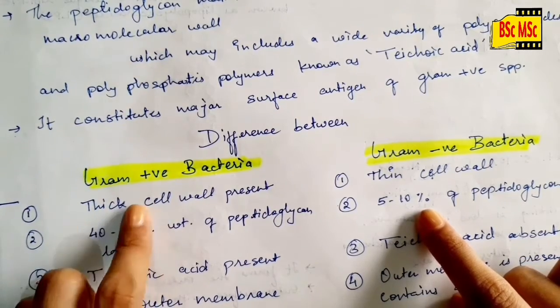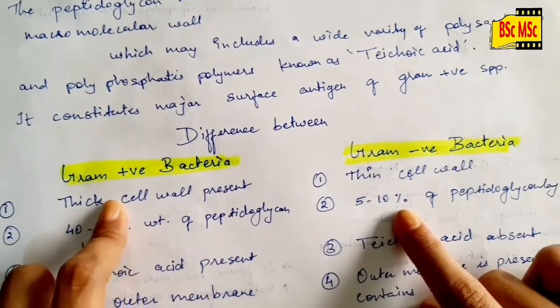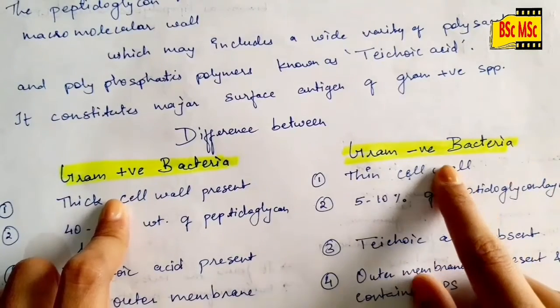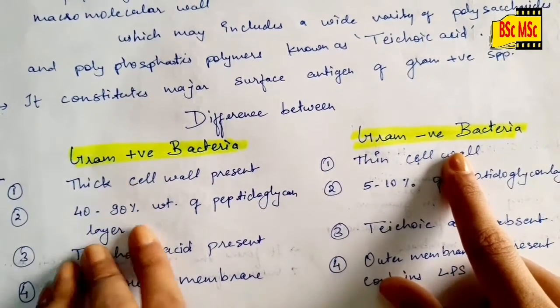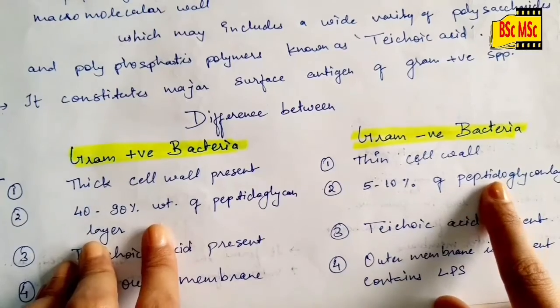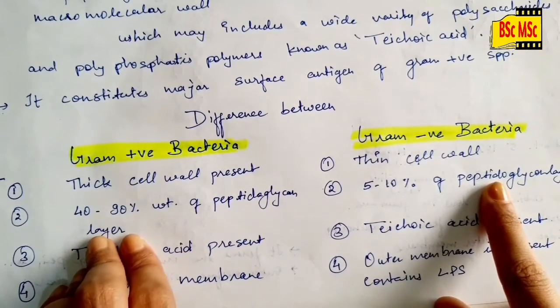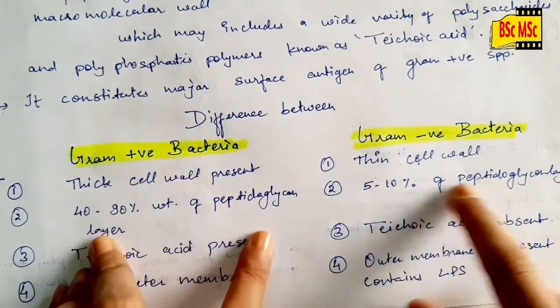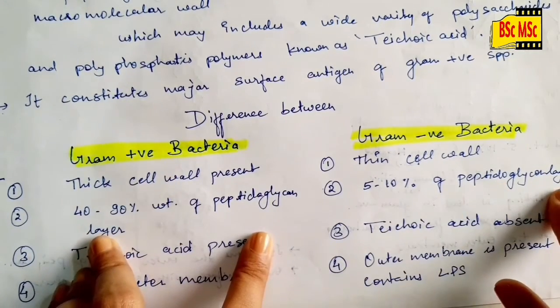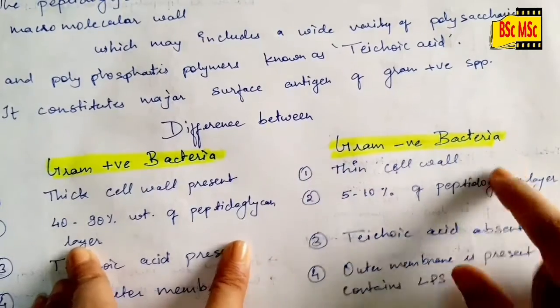So obviously the cell wall is thick in gram-positive bacteria and thin in gram-negative bacteria. And about the percentage, you can write it like 40 to 90% weight of peptidoglycan layer is present in gram-positive bacteria and 5 to 10% of peptidoglycan layer is present in gram-negative bacteria.